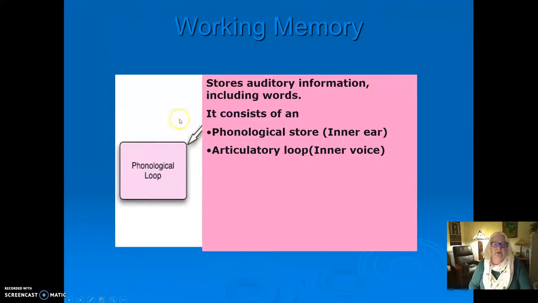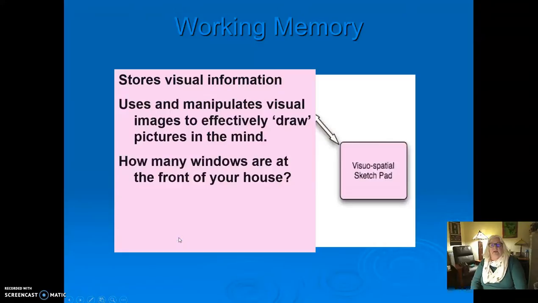So let's take a look at that. Auditory information, if it's words or anything to do with words, is processed by our inner ear or inner voice here. And if we're looking at visual information, if I say to you how many windows are at the front of your house, then you're visualizing that and doing some manipulations with that image.